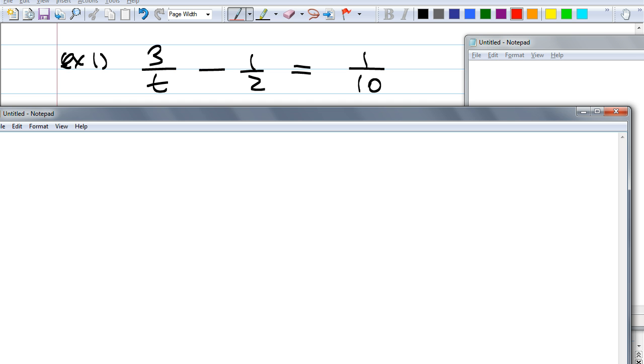So what is the LCD? Look at all the denominators. Doesn't matter which side they are on, right? Look at all the denominators of both sides. t, 2, and 10. What will be the LCD for these fractions? Olive?